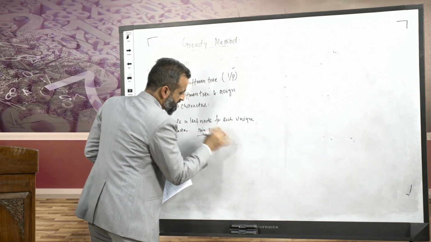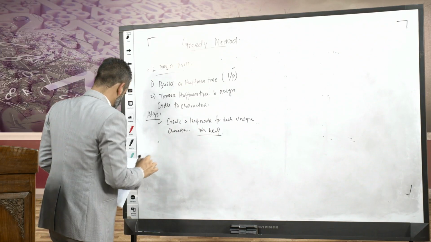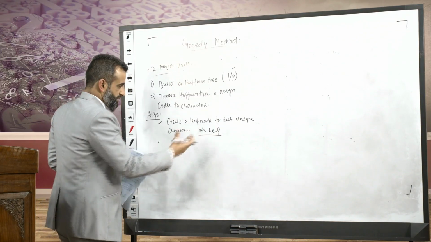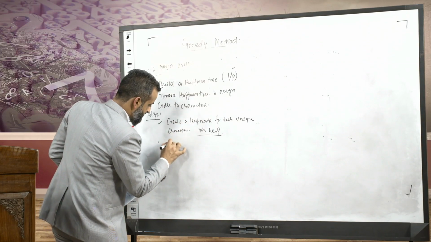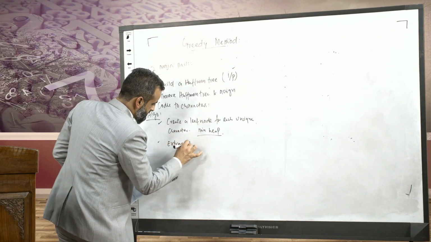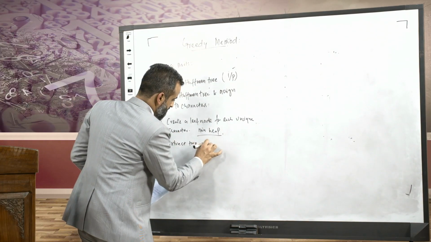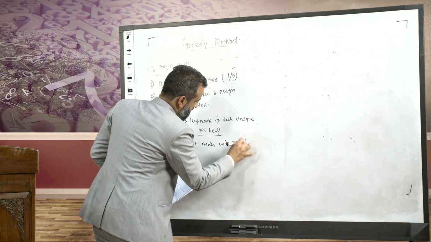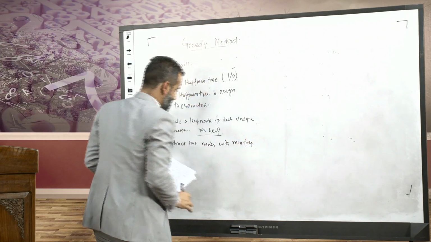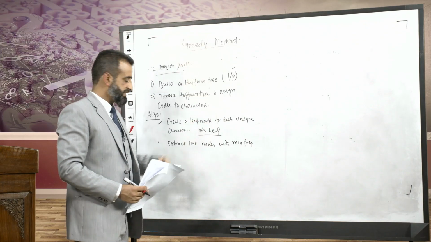Why do I need this heap? I will explain it during the example. Second, out of these leaf nodes, whatever the number of leaf nodes I have, I'll be extracting the 2 smallest possible. Extract 2 nodes with minimum frequency. Things will be much easier to understand once we take an example.